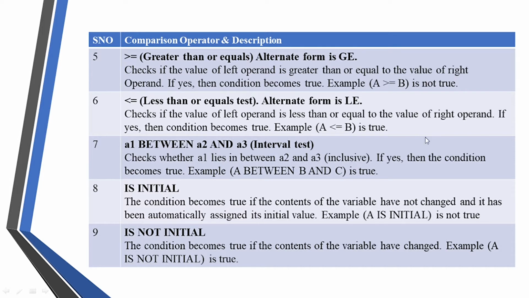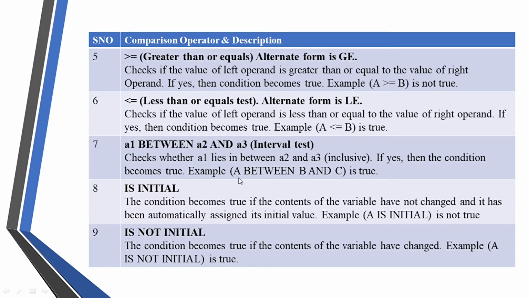Those are the general comparisons, but if we want to verify whether a value is in between two values, for example whether A1 is between A2 and A3, we write A1 BETWEEN A2 AND A3.